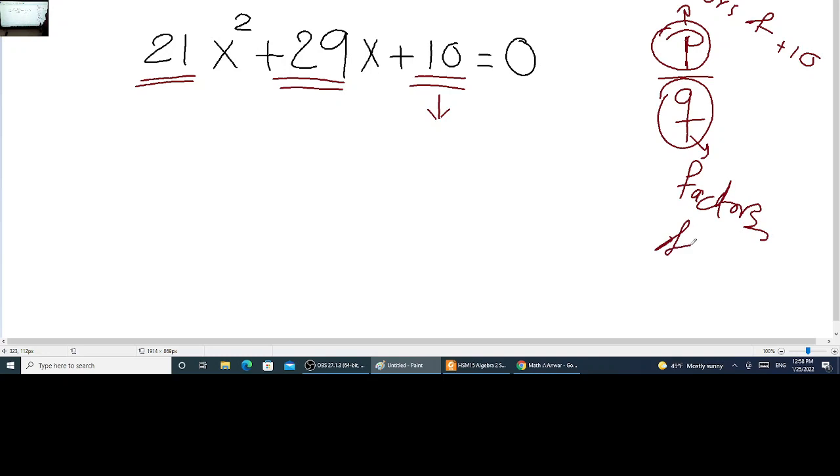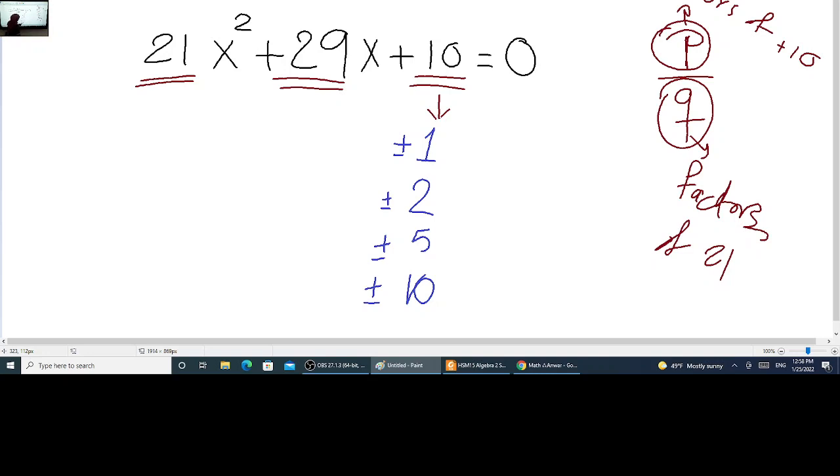The factors of 10 are plus minus 1, plus minus 2, plus minus 5 and plus minus 10. So we have 8 factors.